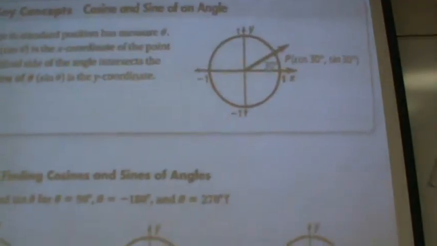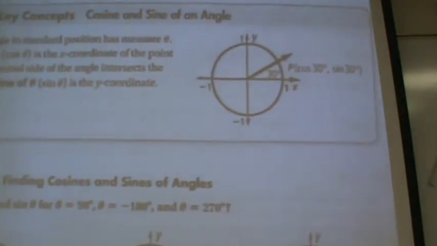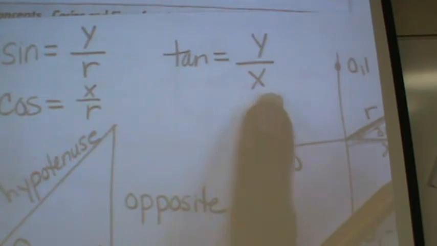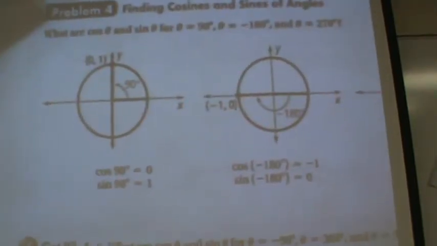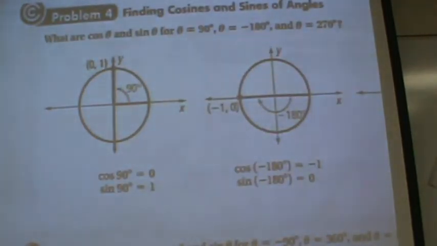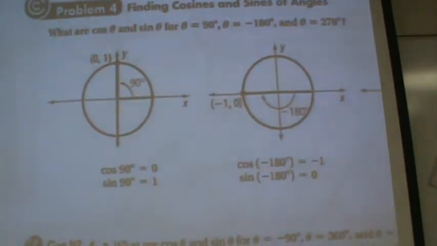Opposite over adjacent, which is Y over X. So, tangent is Y over X. Okay, so now look at these right here. They're just doing sine and cosine. They're not even doing tangent on these ones.